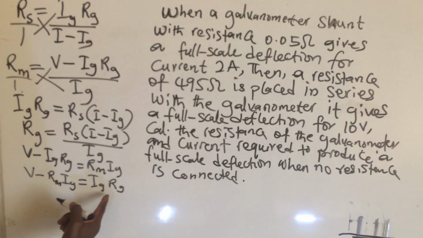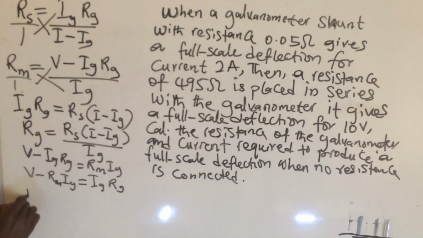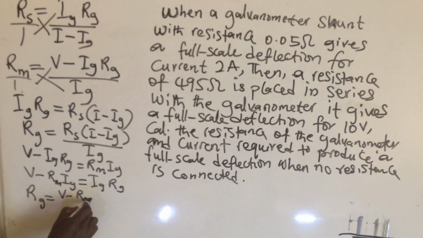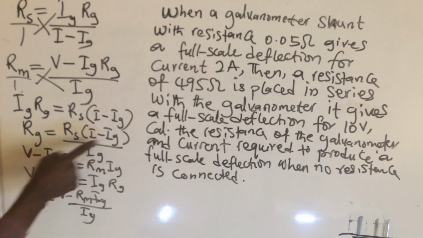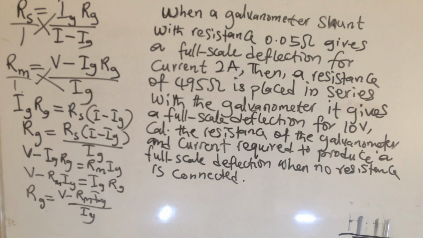Make this one subject of formula, divide both sides by this. We now have Ig equals V minus Rmig all over Ig. So since we have found this one to be this and the same thing to be this, we now equate them. Rg equals this, the same Rg equals this.